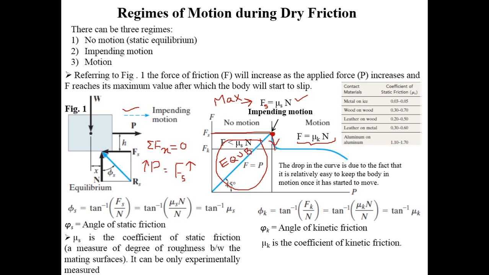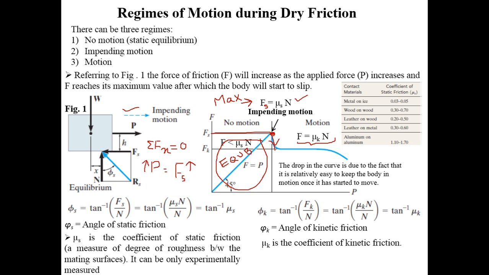As long as your friction force remains below its maximum value, your body is in equilibrium. As soon as the friction force reaches this red point, your body is on verge of motion, and that motion can be anything. It can be sliding or it can be tipping.